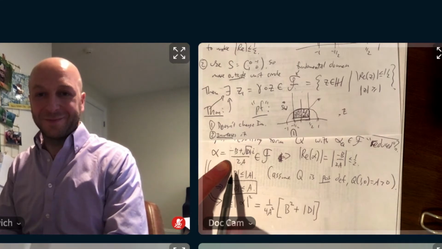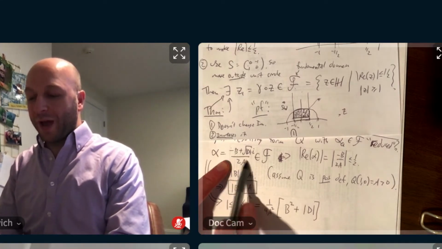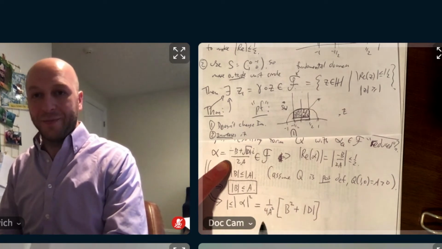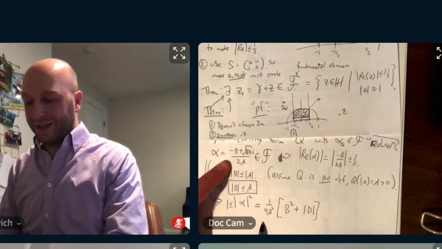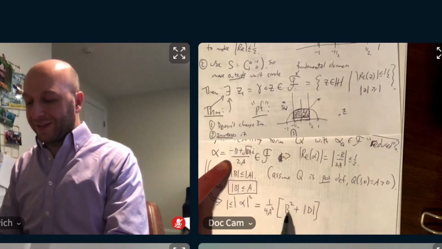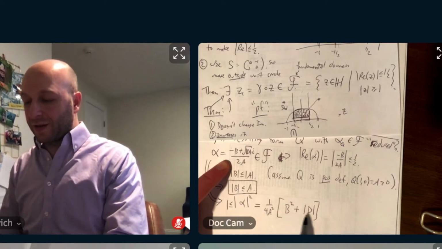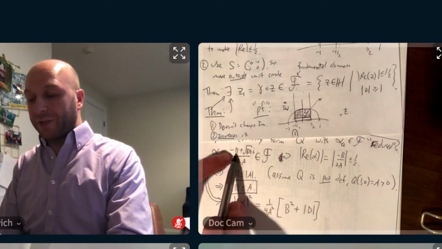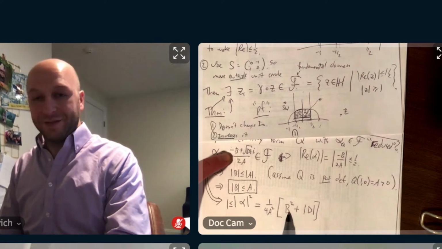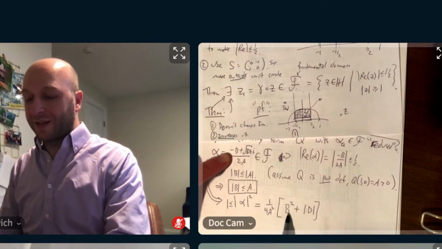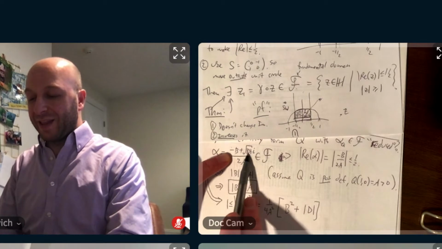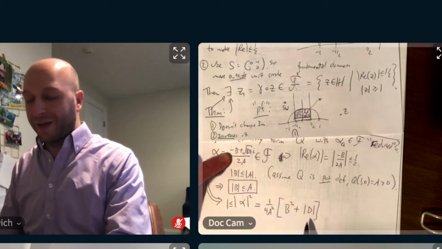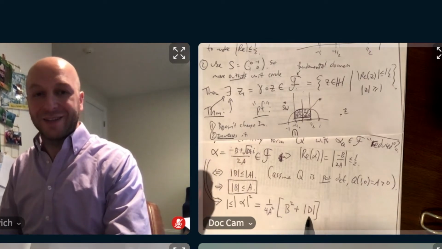There's a 1 over 2a, which is just a factor floating around, so let's pull it all the way out with a square as a 1 over 4a squared. Then what's left is the real part, which is negative b, but we're squaring it, so we don't need the minus sign. And then the imaginary part squared, which is the square root of the absolute value of d. D is negative, so the absolute value of d is negative d.